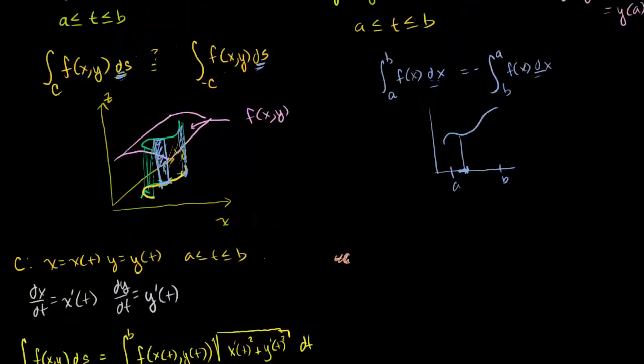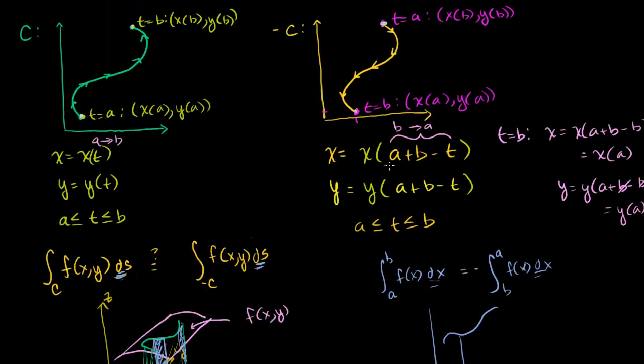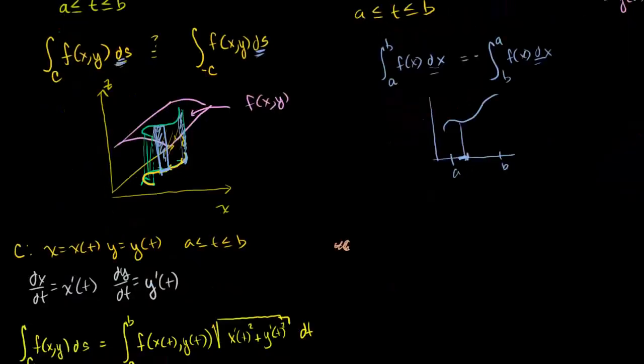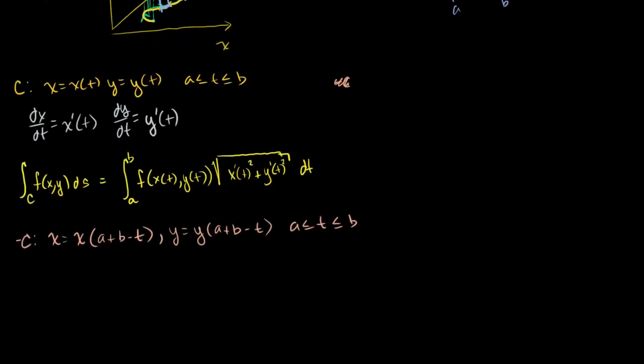And this is just exactly what we did in that last video. X is equal to x of a plus b minus t. Y is equal to y of a plus b minus t. Same curve, just going in a different direction as t increases from a to b. But let's get the derivatives. So dx dt for this path is going to be a little different. We have to do the chain rule now.